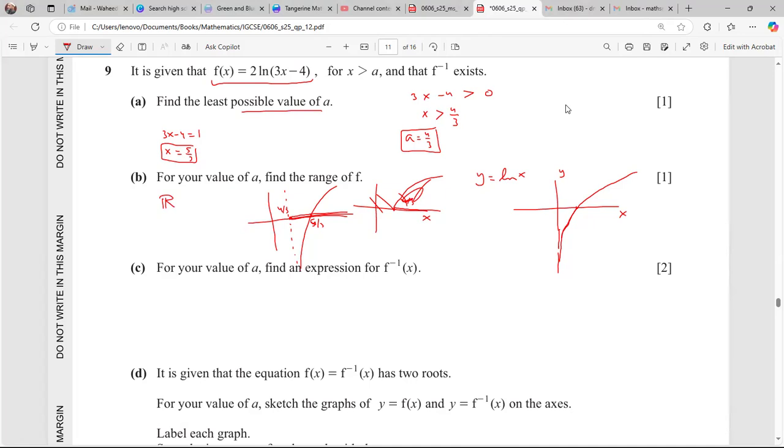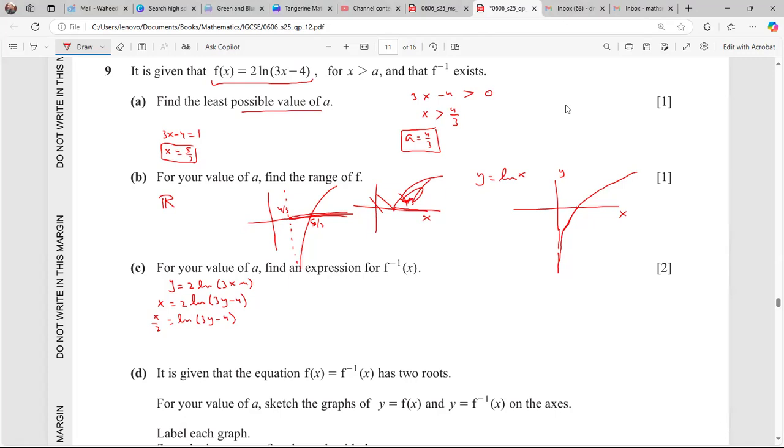For your value of a, find the expression for f inverse. When we want to find the inverse function, we need to swap y and x. Right now we have y equals 2 log of 3x minus 4. So x equals 2 log of 3y minus 4, and I solve this equation for y. So x over 2 equals log of 3y minus 4.